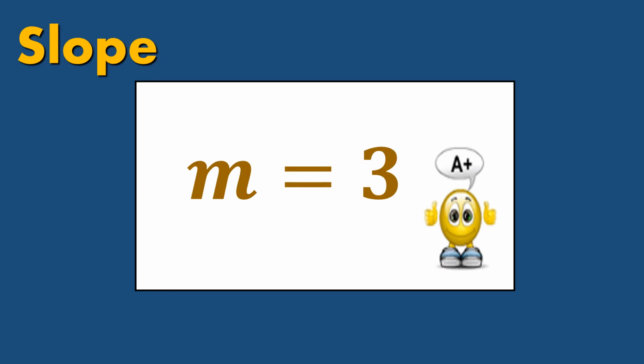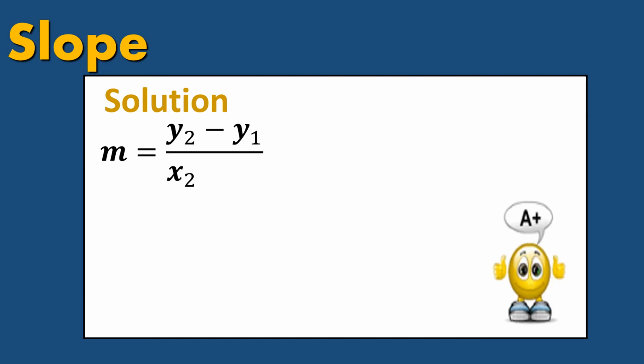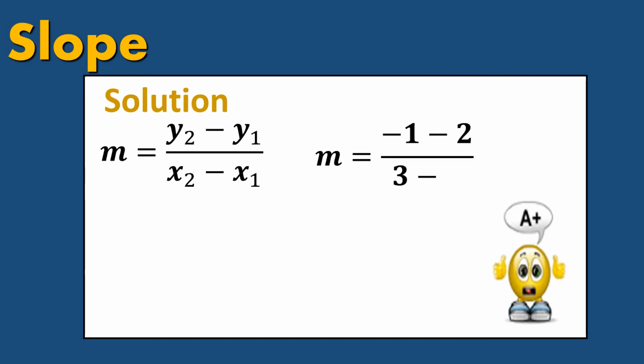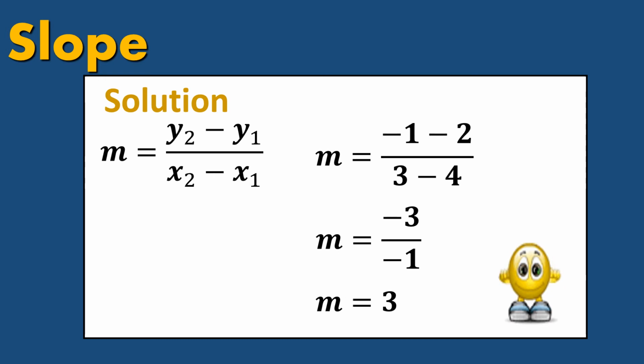The answer is 3. Here's the solution. So first, we substitute in the slope formula. Thus, we arrive with negative 1 minus 2 over 3 minus 4. To simplify it further, we will get negative 3 over negative 1. Thus, the answer is positive 3.